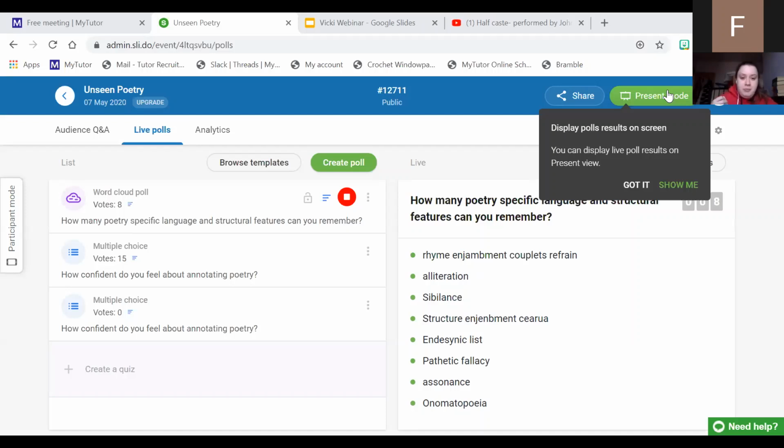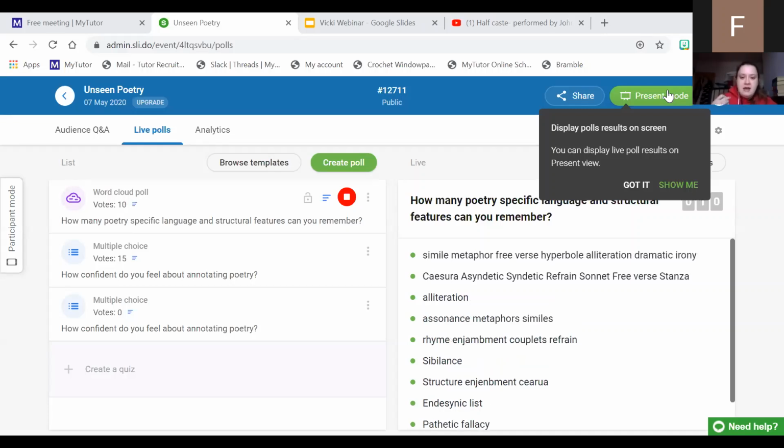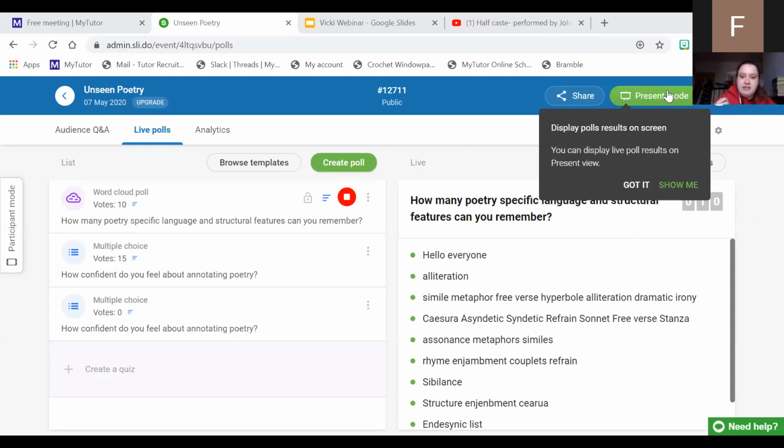Oh, you're absolutely pouring in now. Refrain, rhyme, couplets, beautiful, enjambment, caesura, fantastic. Sonnet, free, yeah, that would be free verse, fantastic. Alliteration, yeah, you would see alliteration in prose as well, but we definitely see it there as well.